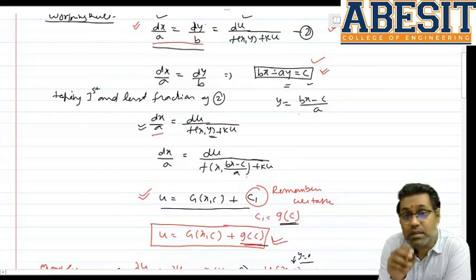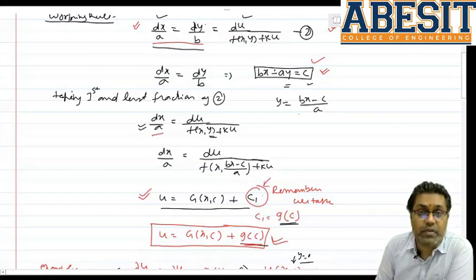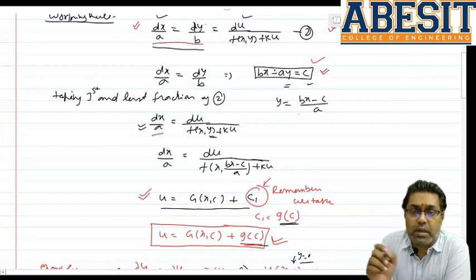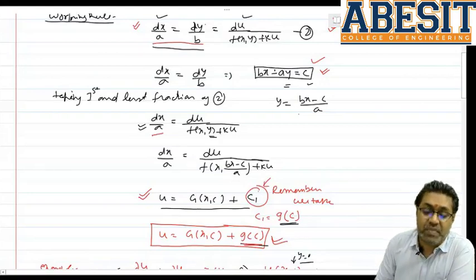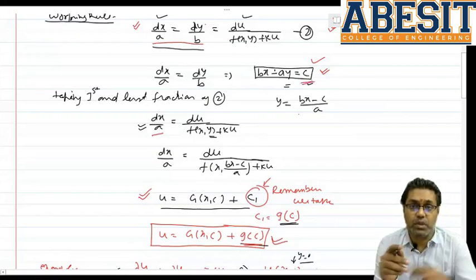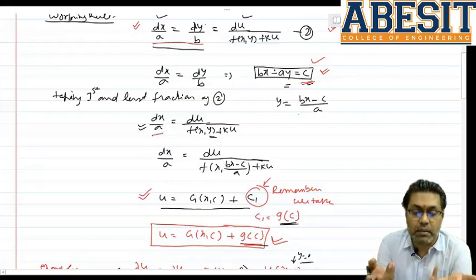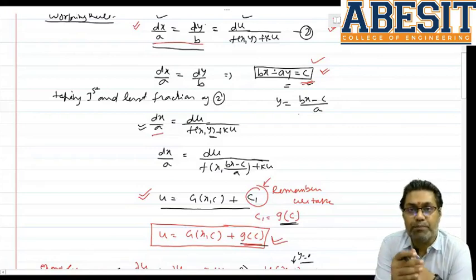But this is the main point which we have to remember. This c1, which we are taking as the constant of integration, is not an arbitrary c1. Here we consider c1 to be nothing but a function of c, the c which we got in our first integration, taking the first two parts. This is the only point which we have to remember. Once we solve the second integration, we will not choose any arbitrary constant of integration.